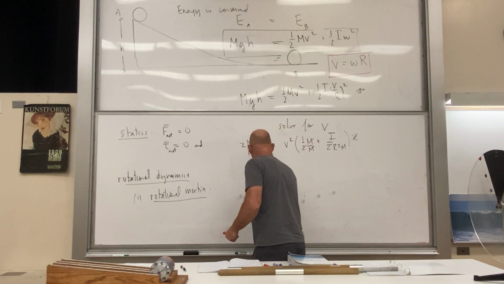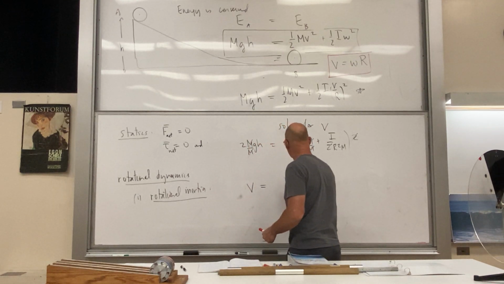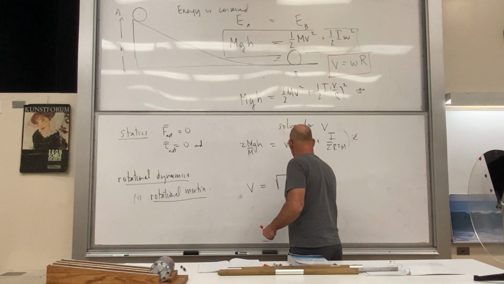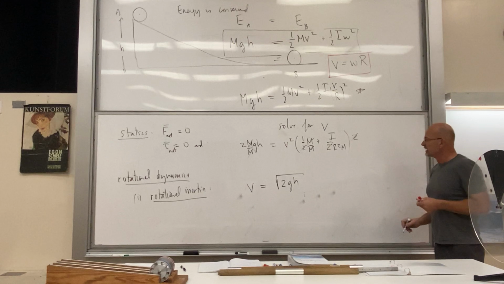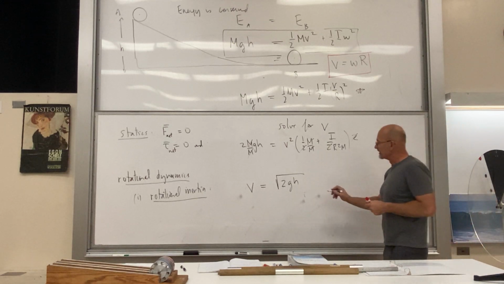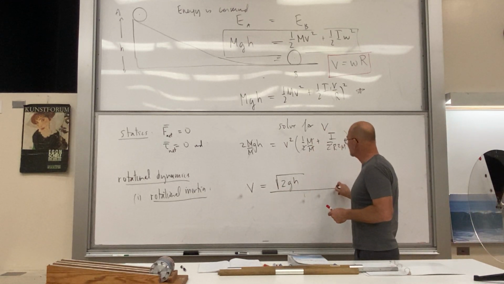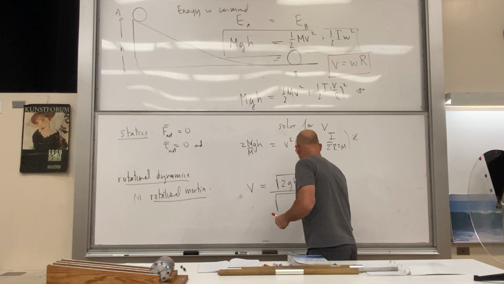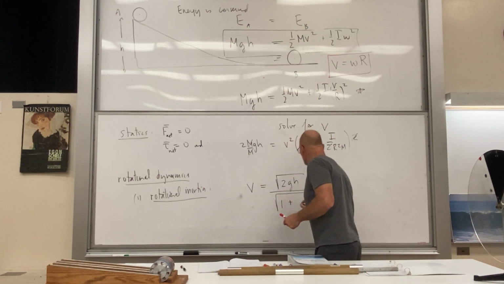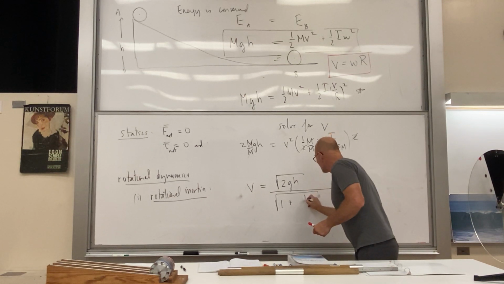I get v is equal to root 2gh in the numerator, but it's going to be divided by something: the square root of 1 plus I over mr squared.